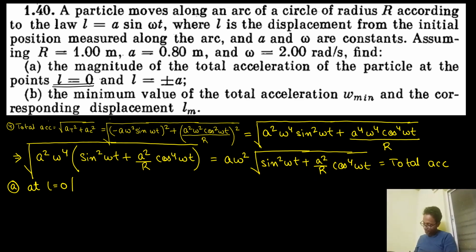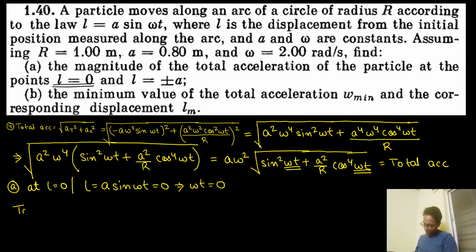In the question it is given that L is equal to A sine omega t, which is equal to 0. From this we can easily say that omega t is equal to 0. So if we substitute omega t is equal to 0 out here, what do we get?